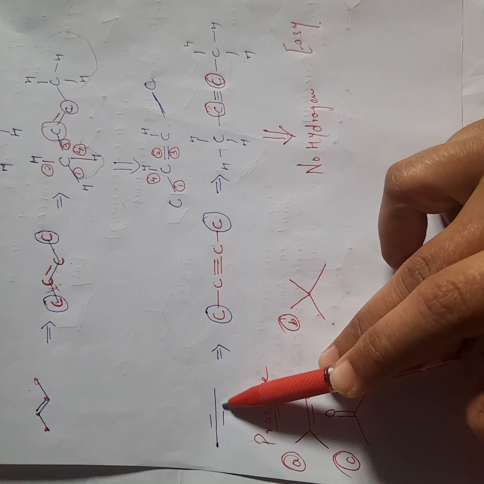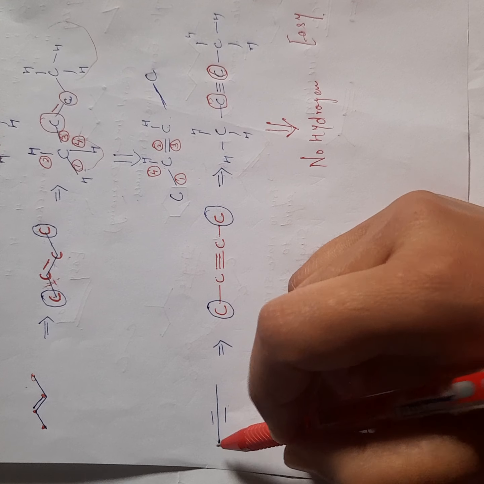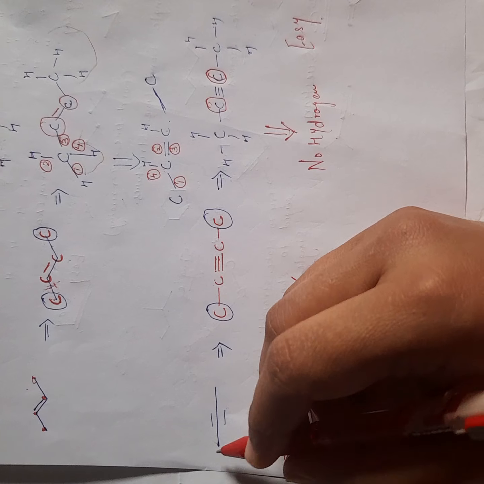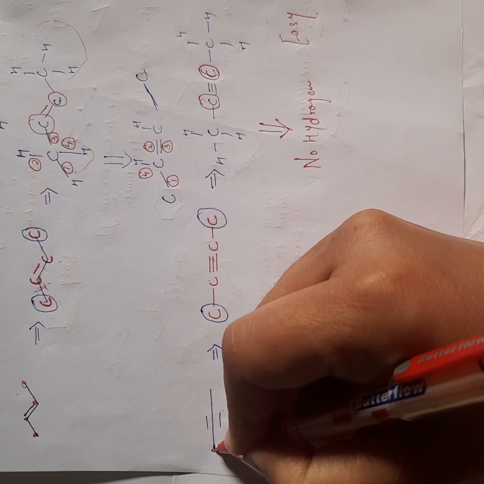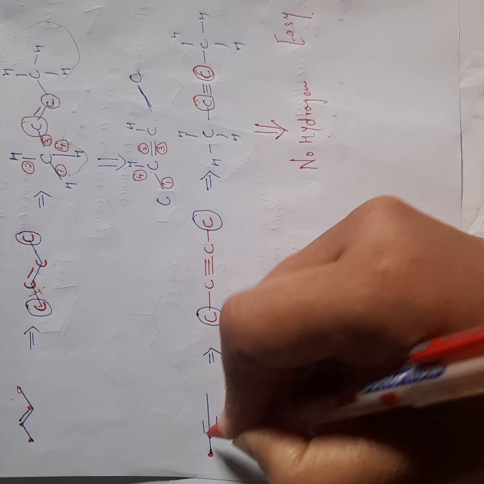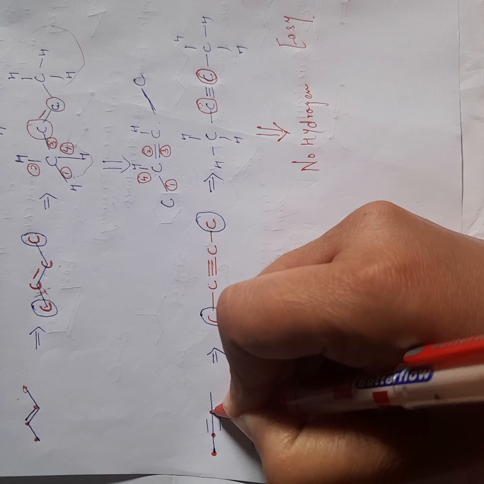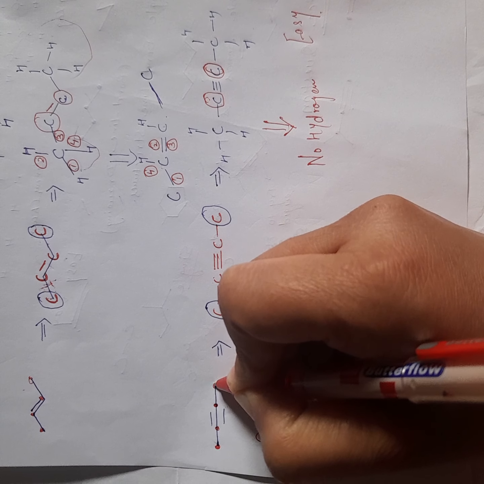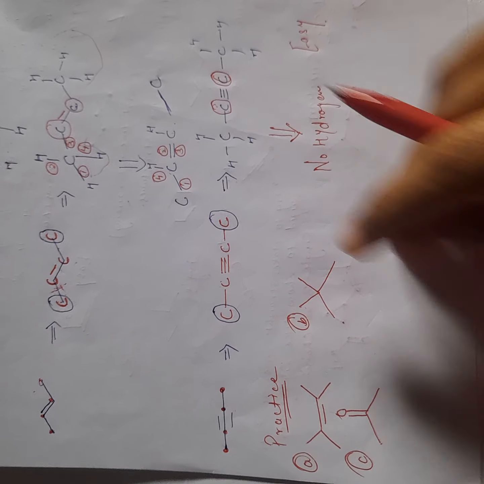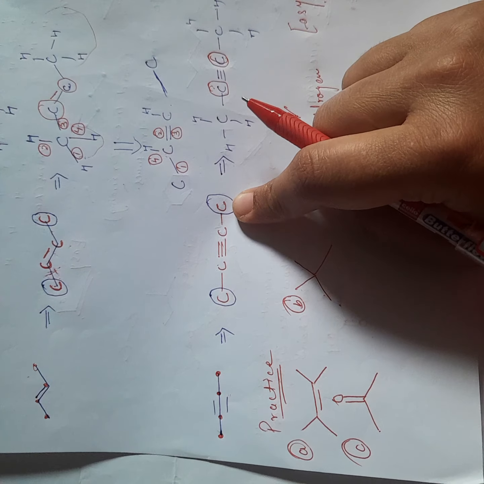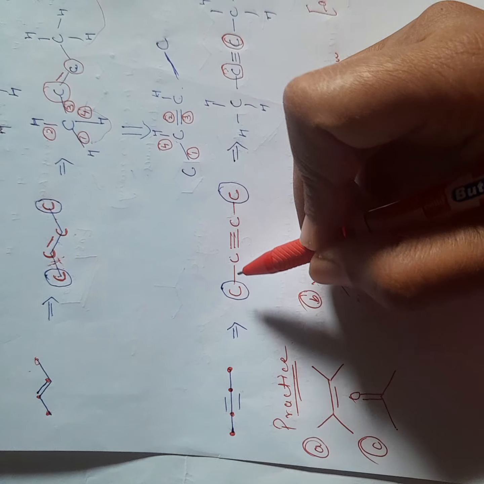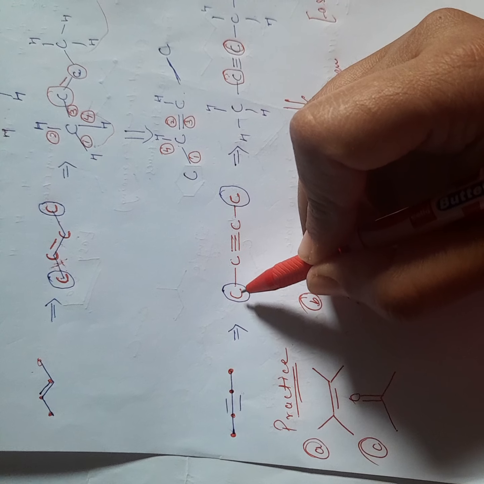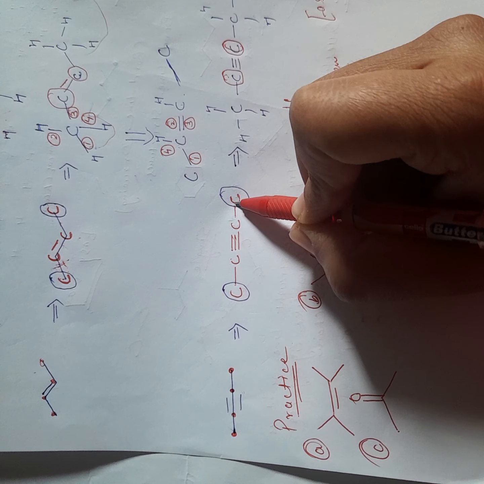Triple bond. I'll show you that you have to show it with the straight chain. 1 around this, 2, 3, and 4. Right? So that's why we'll show this structure. Now you see there are terminal carbons.